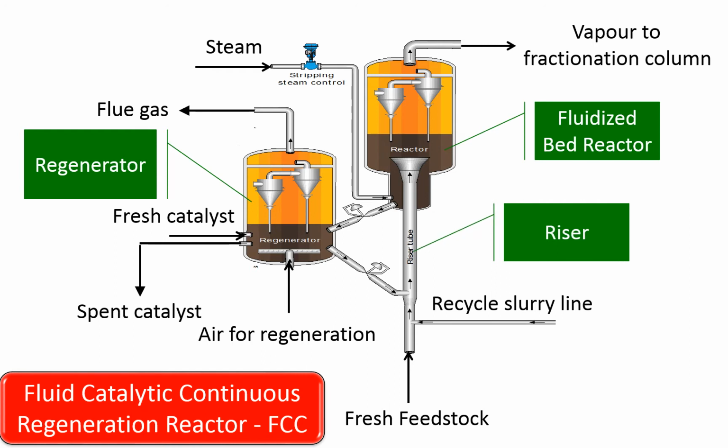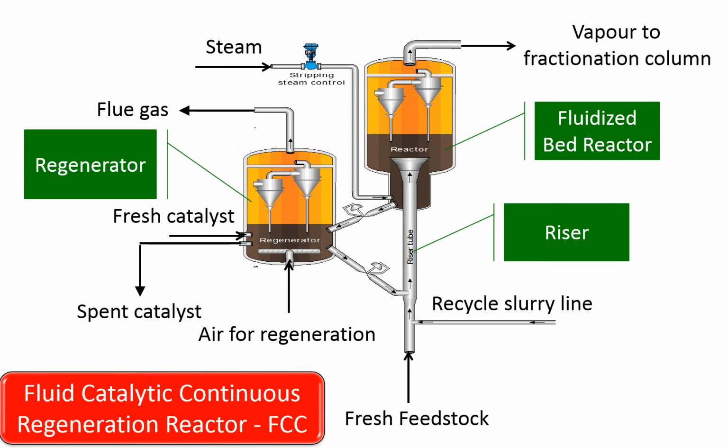The conversion of heavy petroleum fraction occurs in the riser reactor, which is a long tube of length approximately 30 to 40 meters with proportionately small diameter, roughly 0.8 to 1.2 meters. After complete vaporization of the hydrocarbon feed, the two phases, solid catalyst phase and vapor phase, which is the hydrocarbon and steam, are left in the riser.